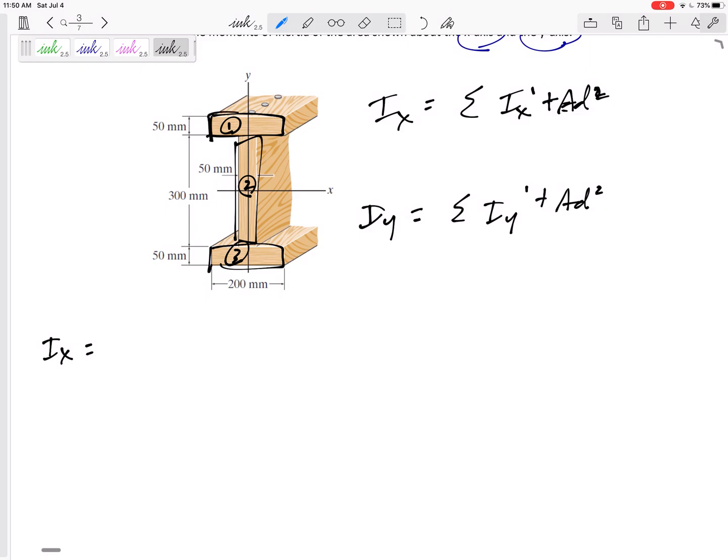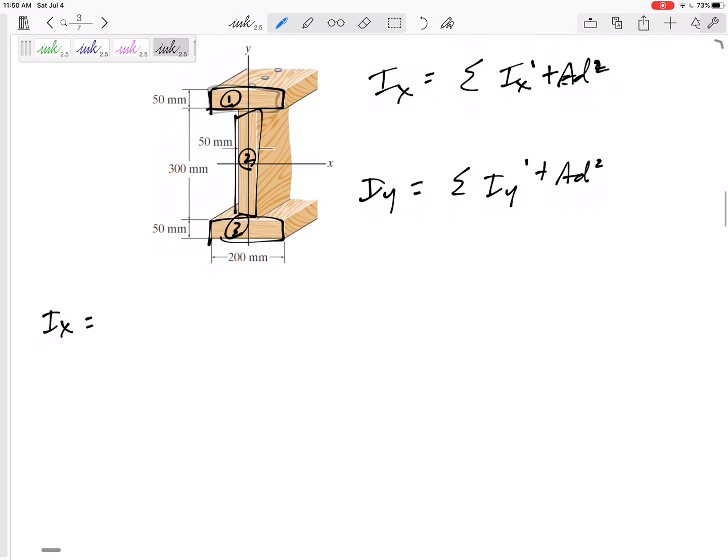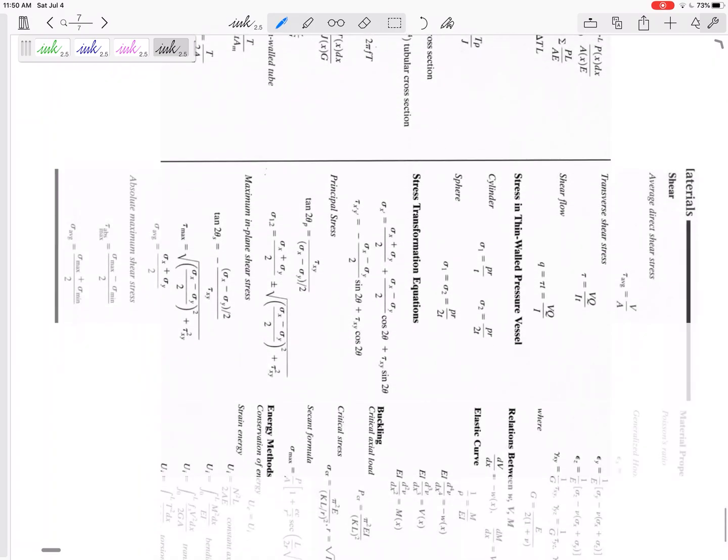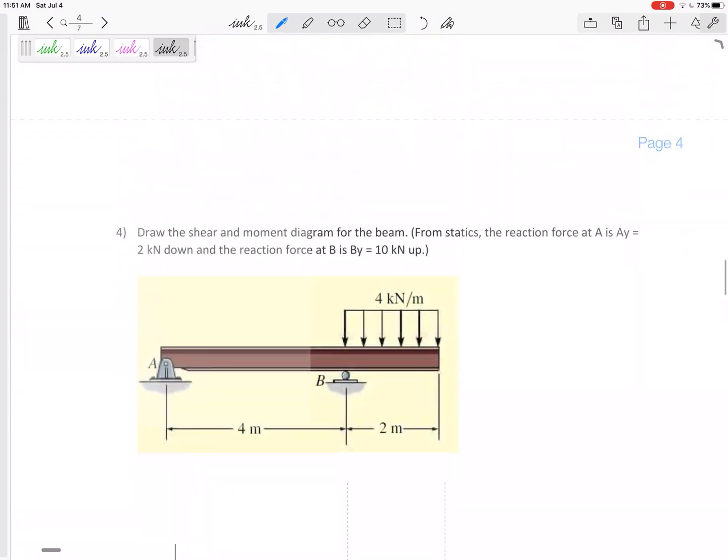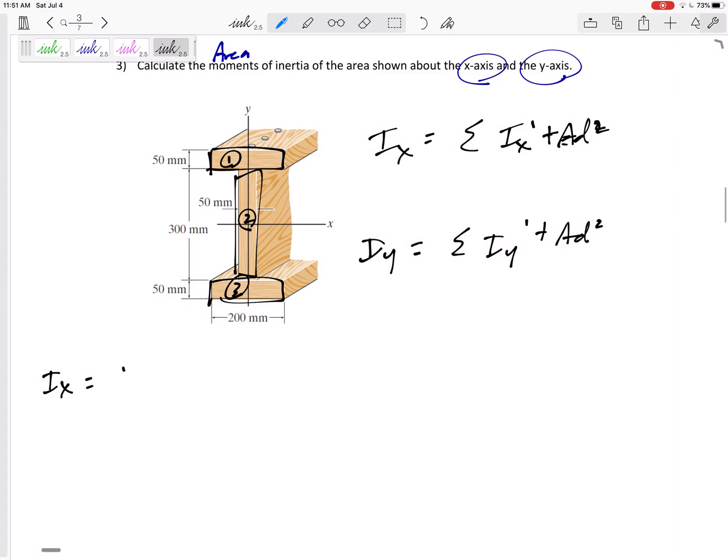For rectangle number one, the Ix, and we have a formula sheet that's got some I's here, but I think you should know, for rectangles, it's 1/12 b h cubed.